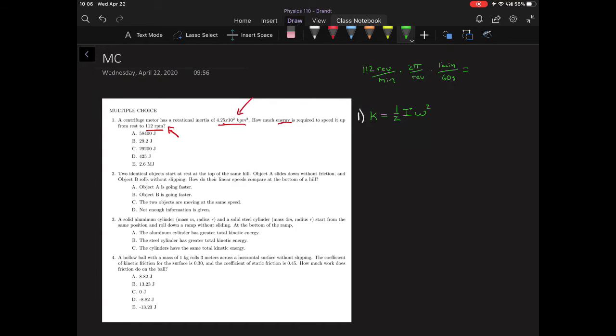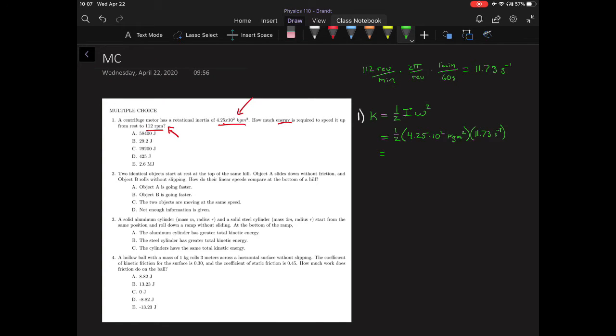So when we do all that, we get 11.73 radians per second. Then we just plug this in, 1/2 I, which in the problem is 4.25 times 10 squared kilogram meters squared, and then omega, which we just found, 11.73 per second.